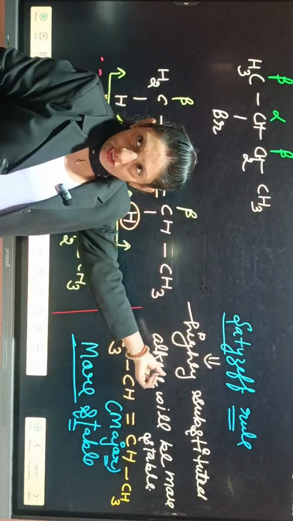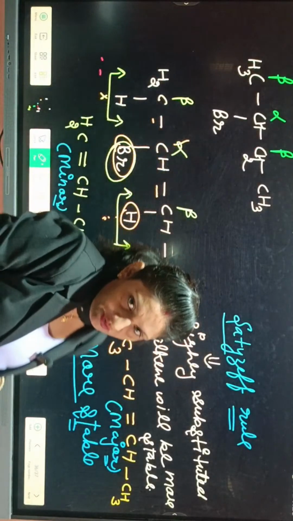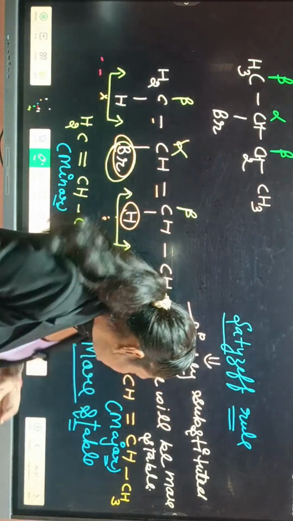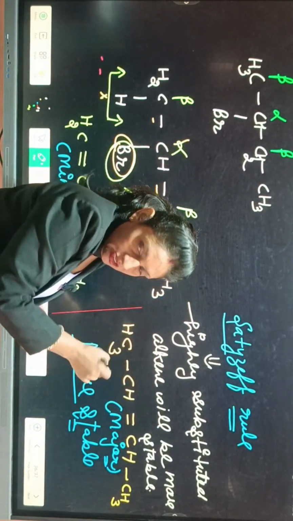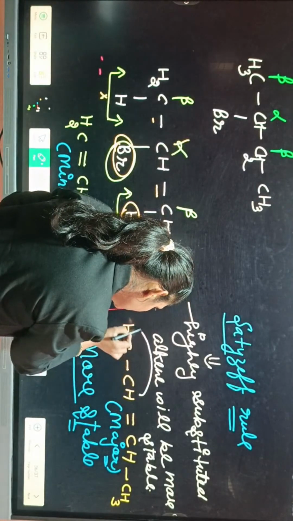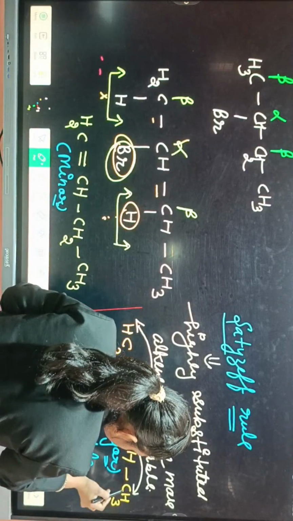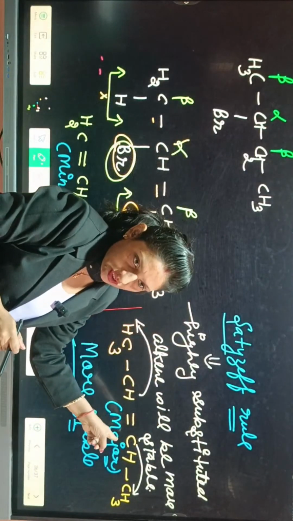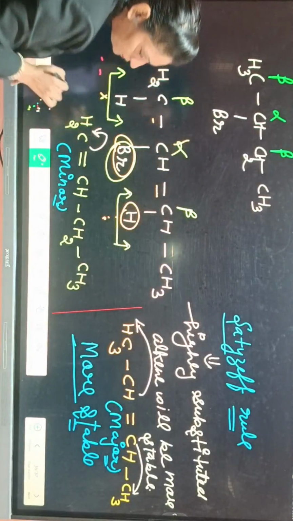Highly substituted means the carbons which have less number of hydrogens. Or we can say this is the double bond, because we are talking about alkene. So alkene means double bond. Inside of the double bond, 2 carbons here, 2 carbons here. So this one is highly substituted. But here on this side only 1 carbon.